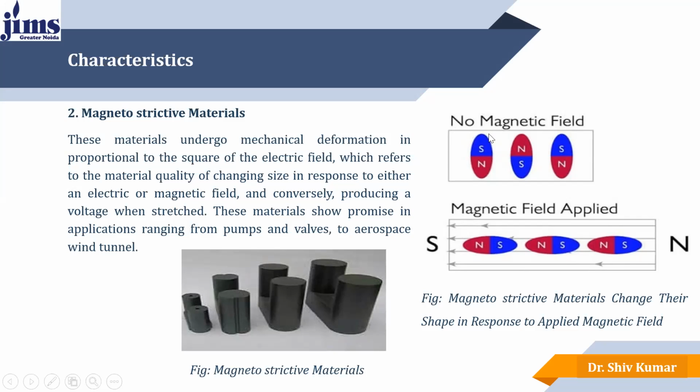In the figure, you can see that there is no magnetic field at first, and when we apply the magnetic field or electrical field, the particles present in the material change their shape. That is why the name magnetostrictive materials is given to these materials. These materials show promise in applications ranging from pumps and valves to aerospace wind tunnels.